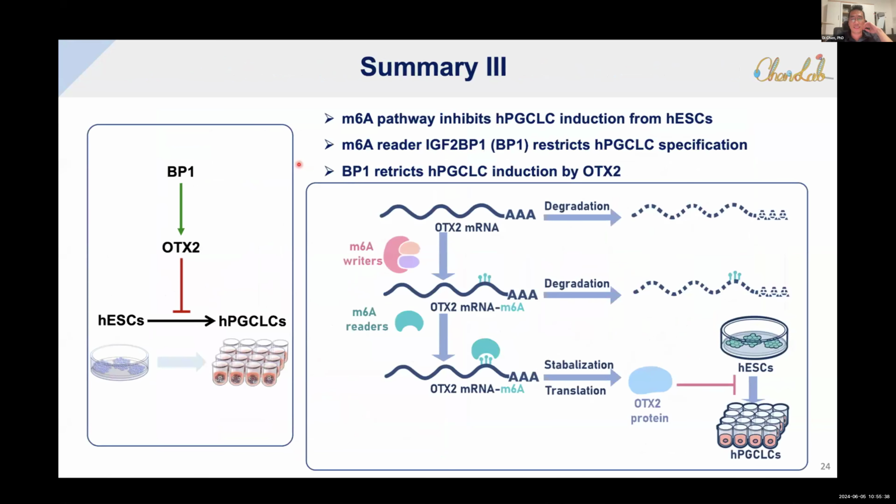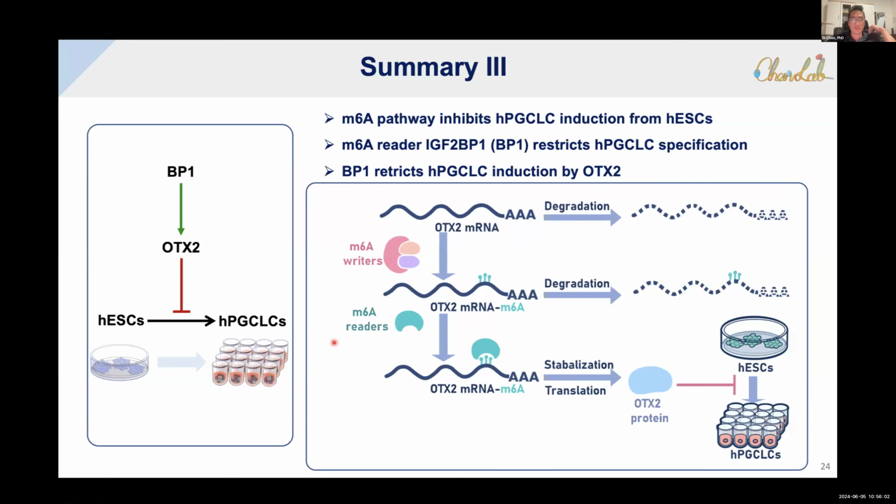So, to summarize these parts, we found that the OTS2 mRNA, when it is transcribed, will be degraded if there's no M6A modification by the M6A writers. And if the writers added the M6A modification, if there's no M6A reader, it will also be degraded.